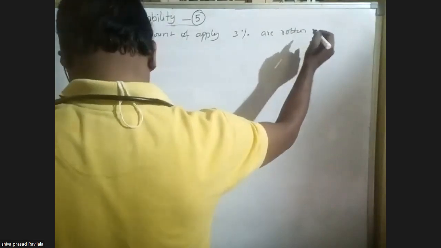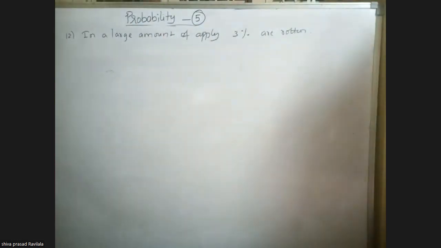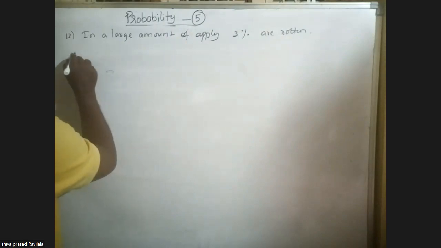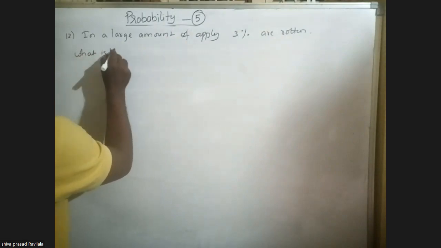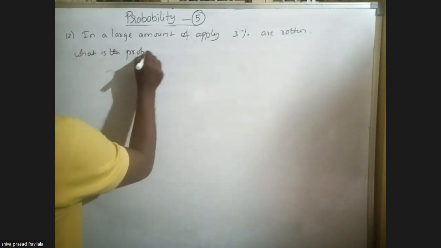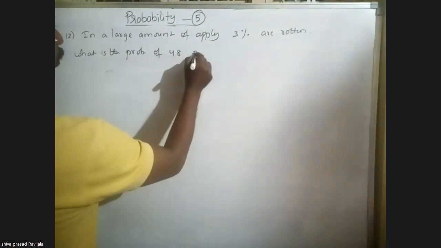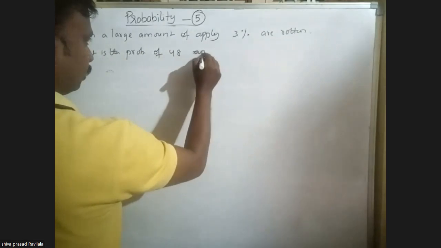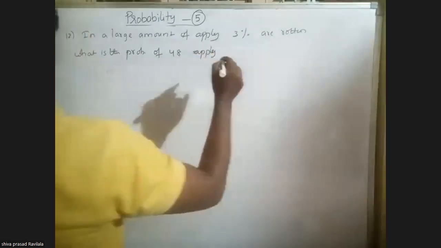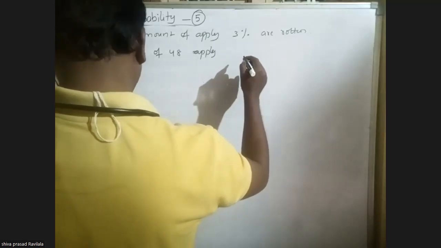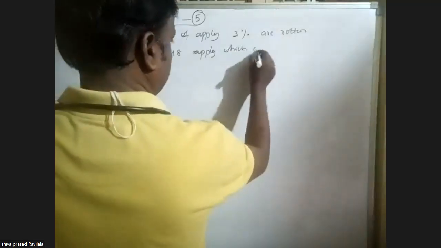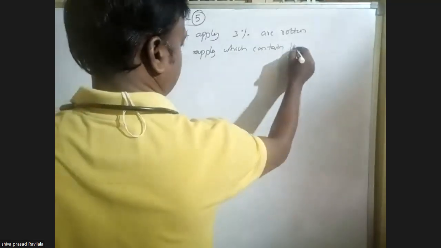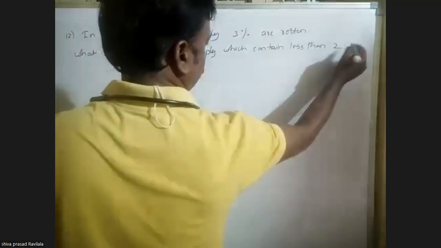What is the probability that a carton of 48 apples contains less than 2 rotten?